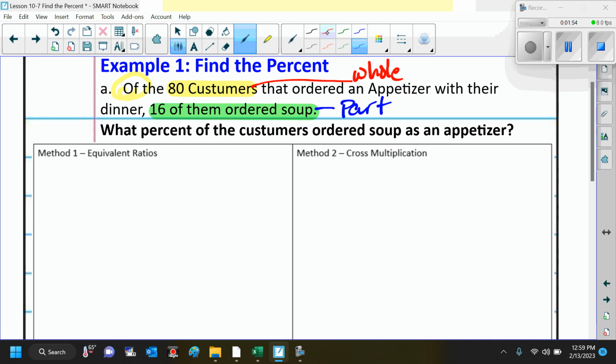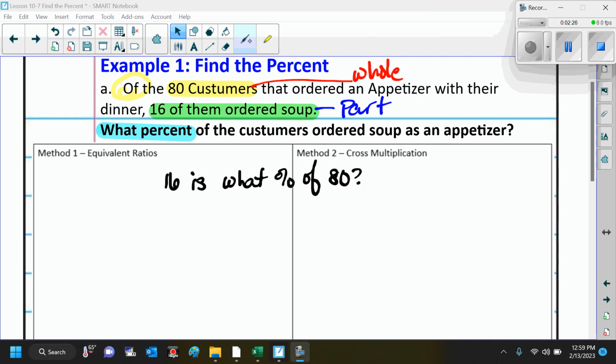So the question is, what percent ordered soup as an appetizer? That is what we're looking for. If we wanted to write a what number question, we could say, 16 is what percent of 80?